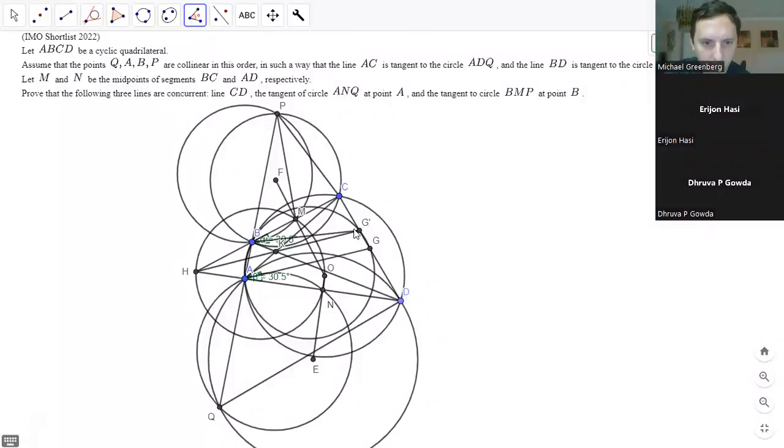They're both 30.5. So yeah, I don't even know if we really need point H, or if we could just define G prime and G this way. So we want to show that this angle is equal to this angle. So G prime AD.